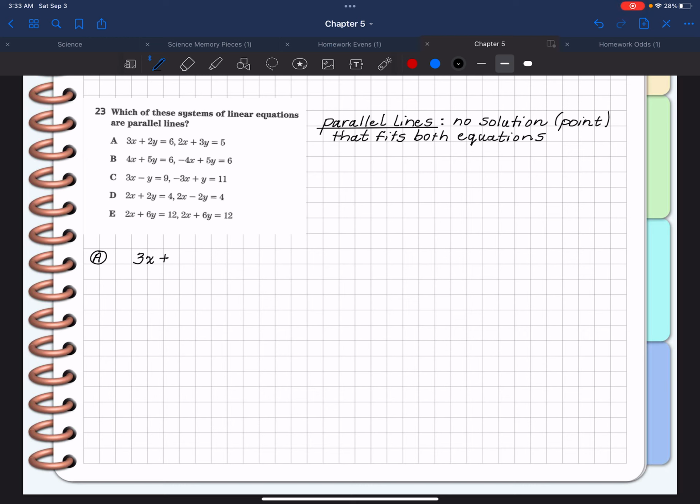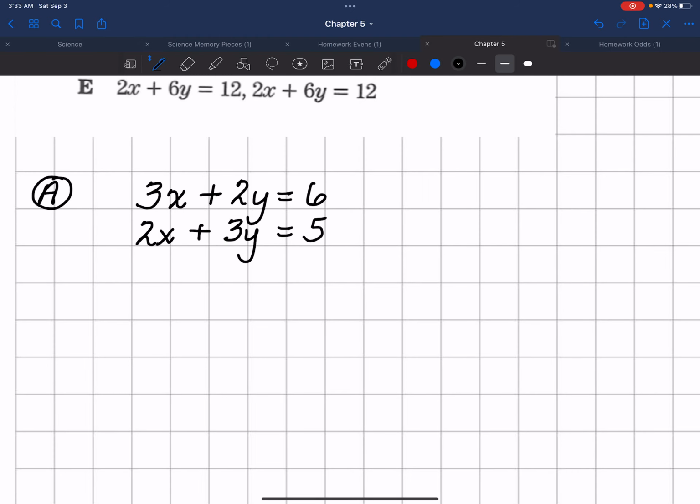So 3x plus 2y is 6. And then we have 2x plus 3y is 5. So I need to cancel an x or a y, and I think I'm going to target the x's.